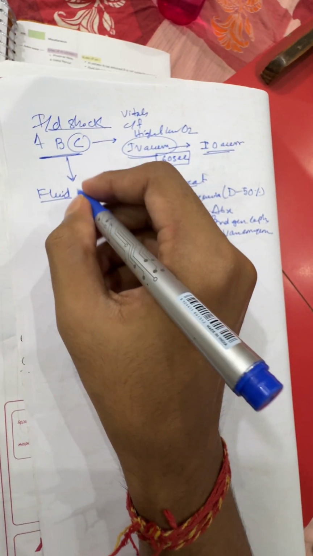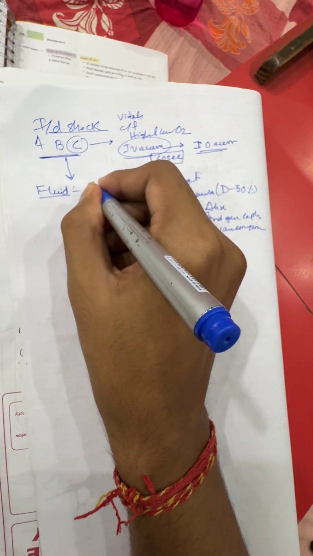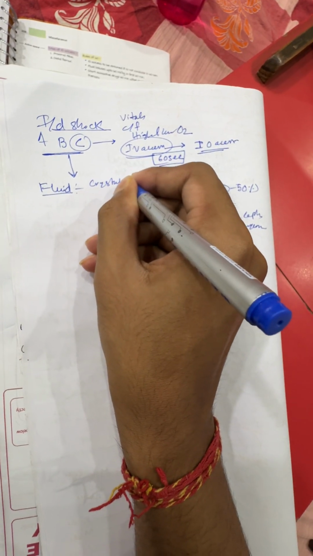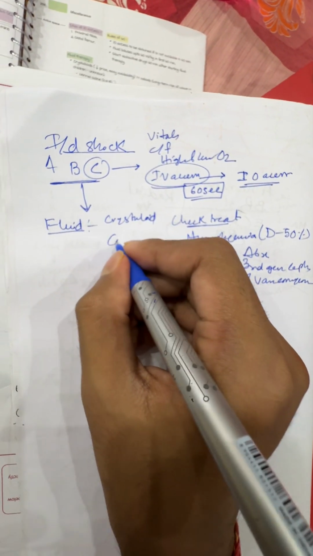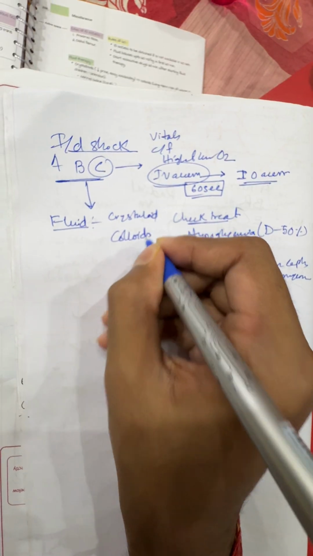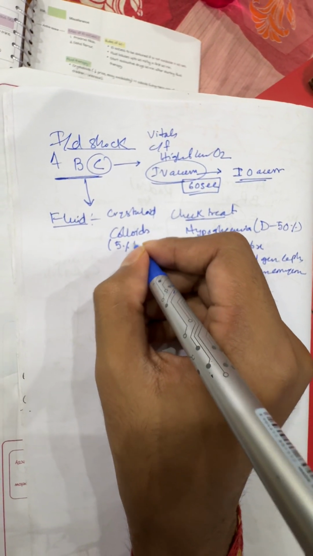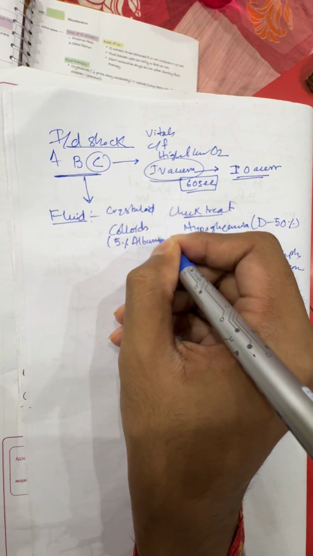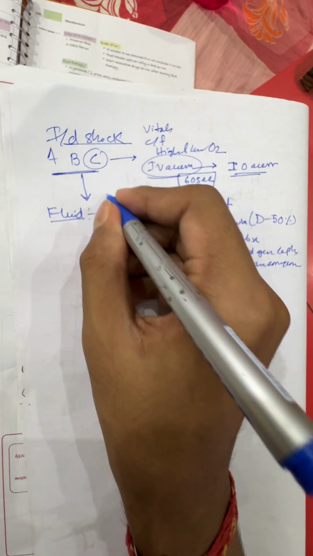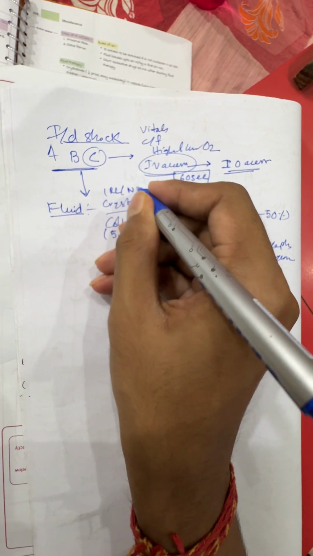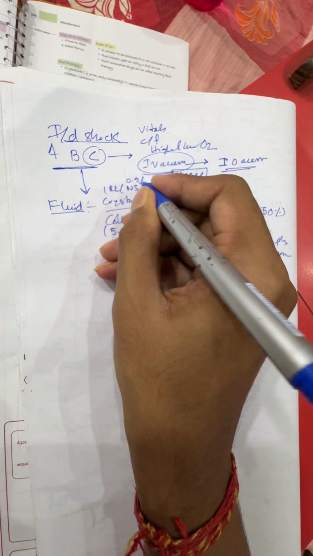Now for the choice of fluid, basically it will be crystalloids over colloids. But if we give a huge volume of transfusion, we have to infuse colloids like 5% albumin. The choice of crystalloid will be basically RL or isotonic saline, 0.9%.